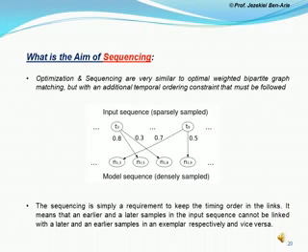The sequencing is simply a requirement to keep the timing order in the links. It means that an earlier and a later sample in the input sequence cannot be linked with the later and earlier samples in the exemplar respectively, and vice versa.